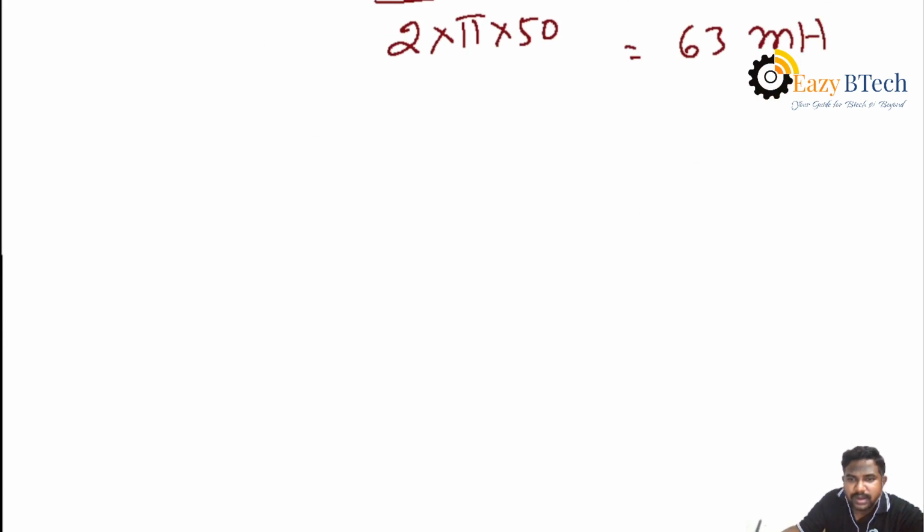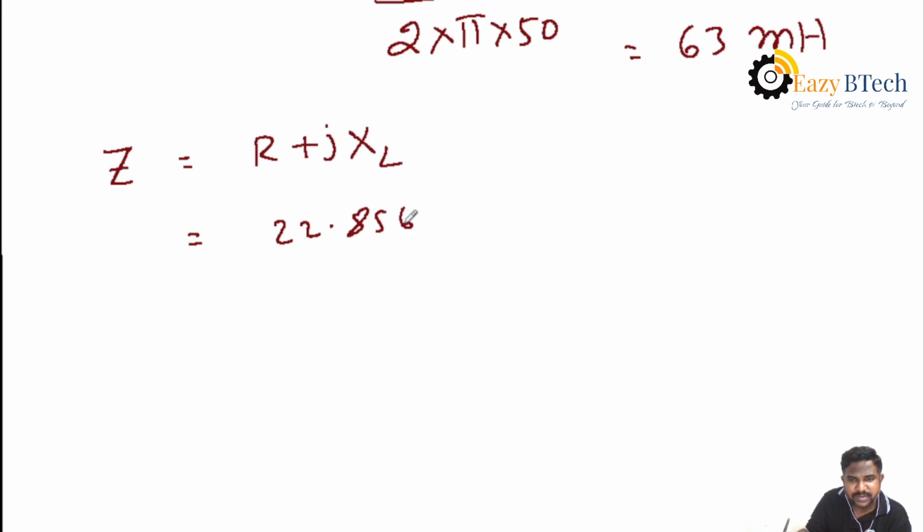Therefore, what is the total impedance connected in the form of star, R plus jXL? That means the R value is 22.856 plus the XL value 19.796. So this is the impedance value.